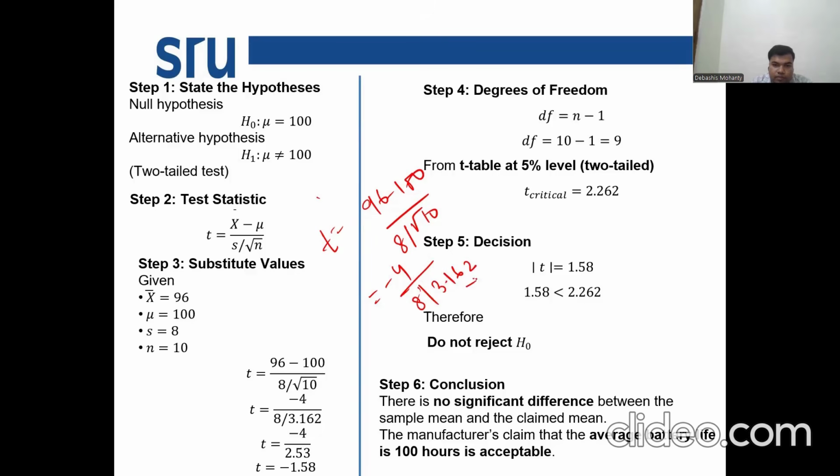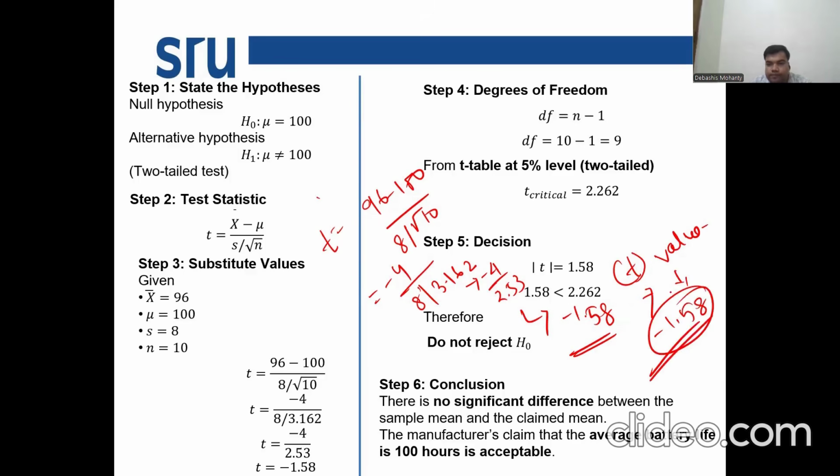So that is minus 4 divided by 2.53. That is minus 1.58. So this is the t value actually. T value is minus 1.58.